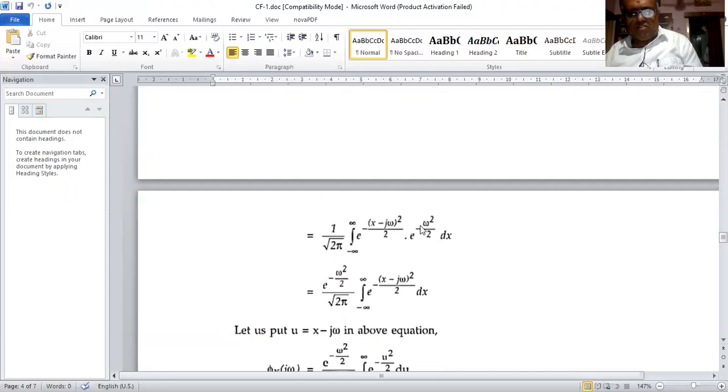Now e to the power of minus omega squared by 2 is a constant because integration is with respect to x. So I shall take it outside; it is not going to be disturbed by integration. So this becomes e to the power of minus omega squared by 2 by root 2 pi into the integral from minus infinity to plus infinity of e to the power of minus x minus j omega the whole squared by 2 dx.